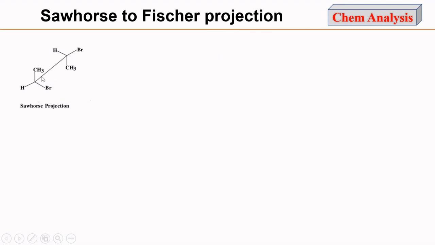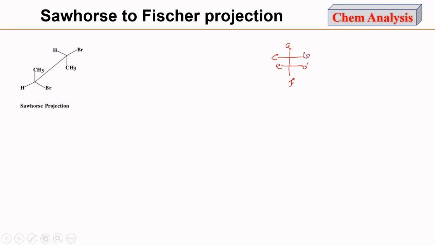This is given a staggered conformation, that is, a Sawhorse projection formula of 2,3-dibromobutane. Before converting this Sawhorse projection formula to a Fischer structure, let's first know some interesting points about a Fischer projection formula. If you are given a Fischer structure containing two chiral centers like this, with different substituents oriented like this, first of all, the Fischer projection formula corresponding to any structure signifies its eclipsed conformation.